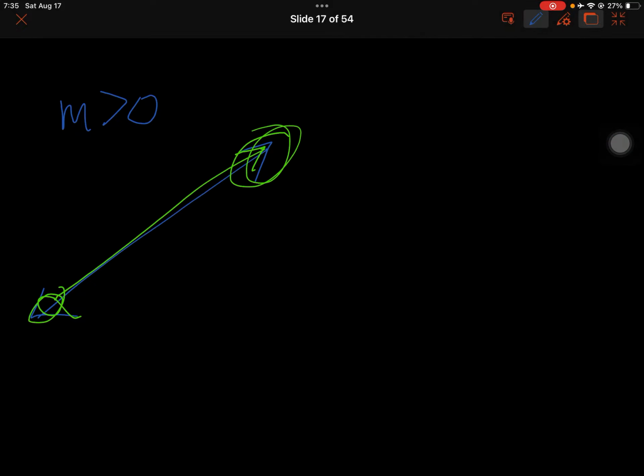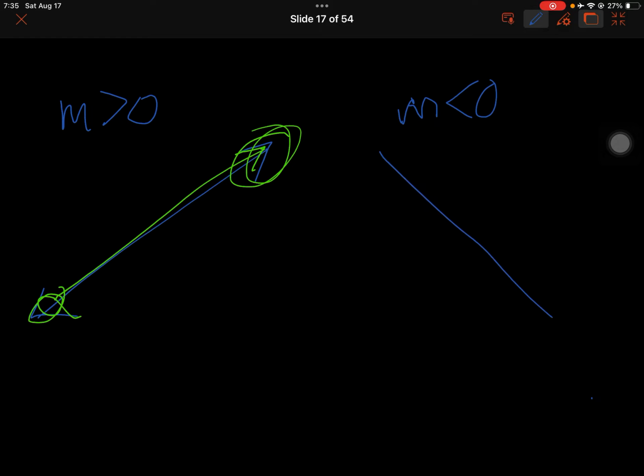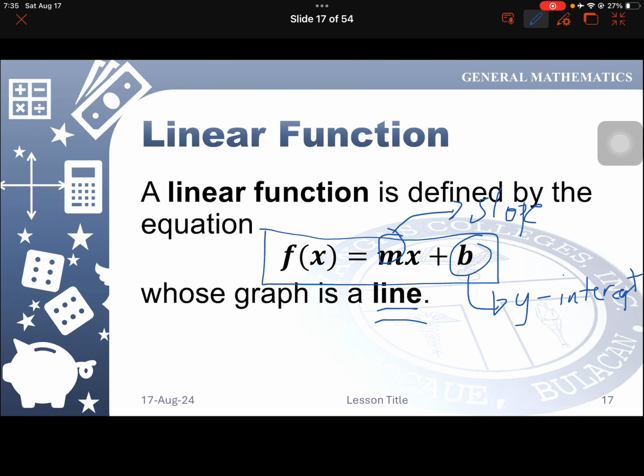Okay, and then if the slope is negative, our graph would be from upper left going to lower right. Again, the linear function has a graph which is a line.